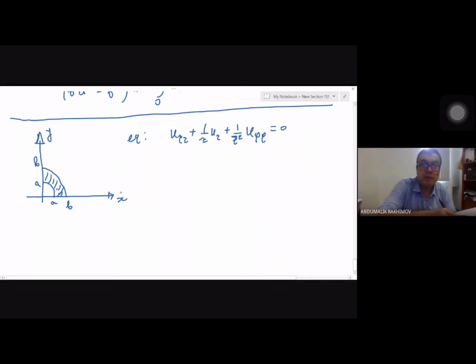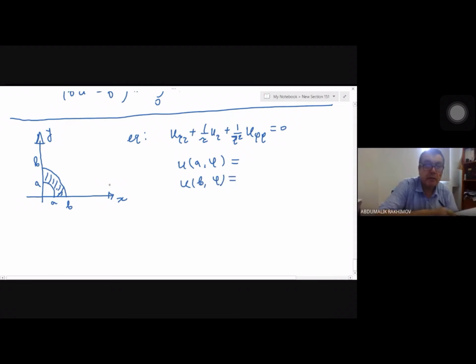This is the steady state equation. Now we have 4 conditions. One condition is when R is equal to A, U(A, phi) is equal to something. Another condition is U(B, phi) is equal to something.